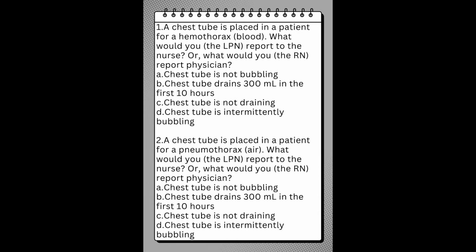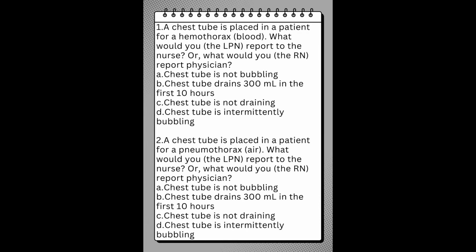C. Chest tube is not draining. D. Chest tube is intermittently bubbling. Among these options, which of them would you as a nurse report to the physician, or as an LPN, which of them will you report to the nurse? Patient with hemothorax. So let's hold on to this question and move on to number two.